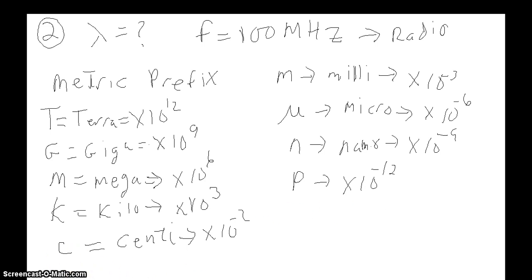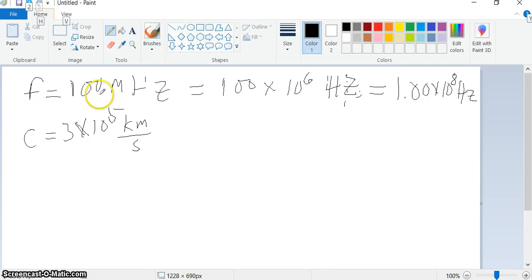So I've written this. They give us that the frequency of this FM station was 100 megahertz. I just wanted to use the metric prefix, and you have to enter this in your calculator. So it's going to be 100 times 10 to the 6th. Like I've mentioned in lab, when putting this in scientific notation, you need to know how to do this with your own calculator.